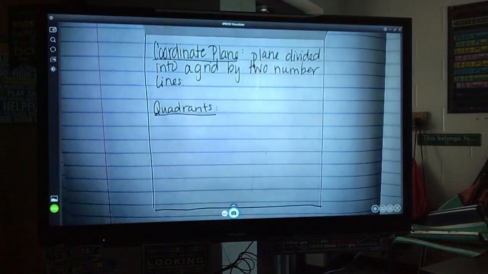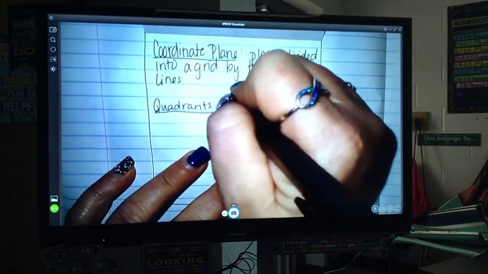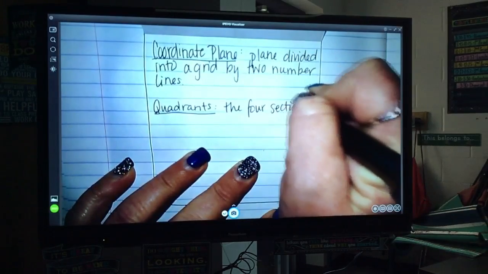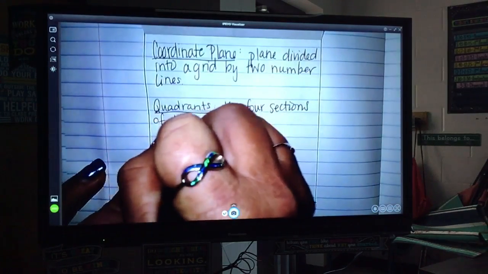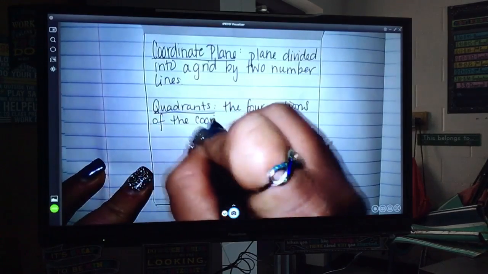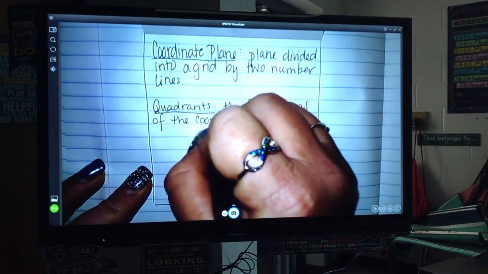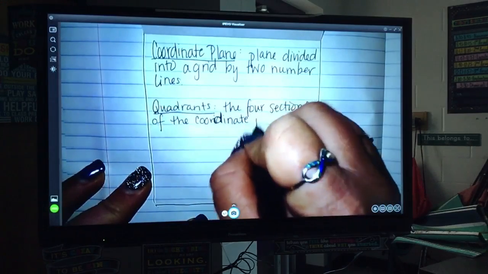And then when you do your 2 number lines, you form quadrants, and that is the 4 sections of the coordinate plane.